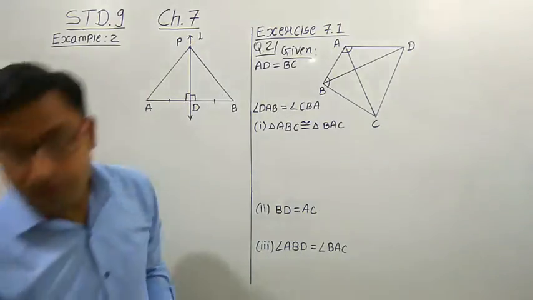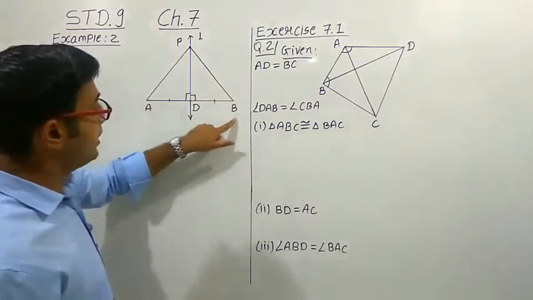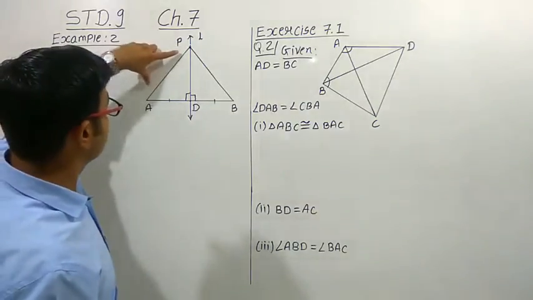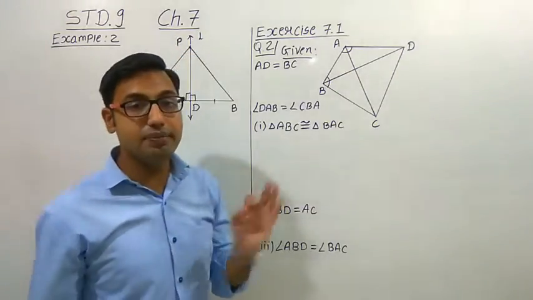So we have to prove that PA is equal to PB.